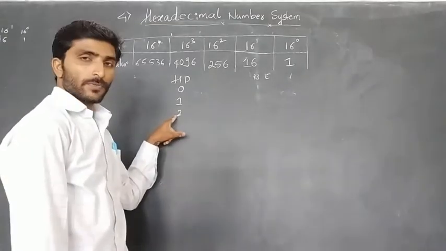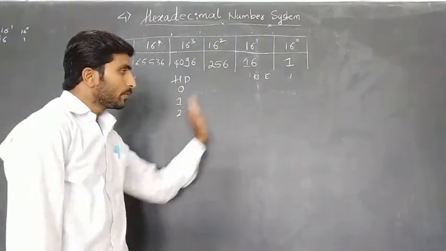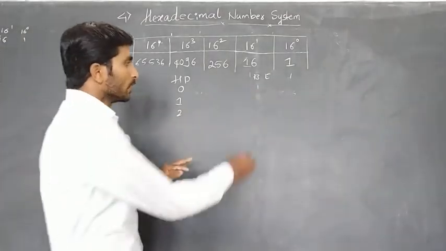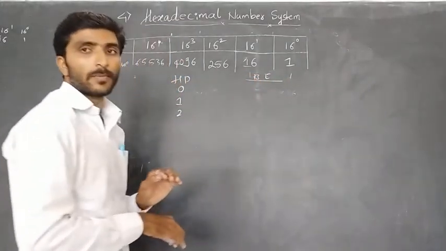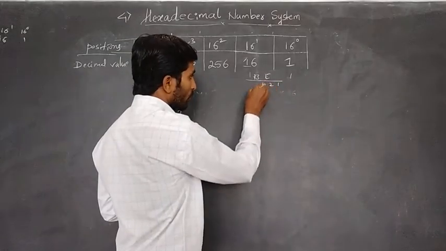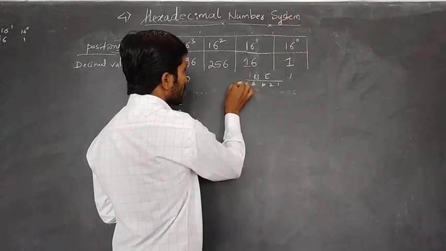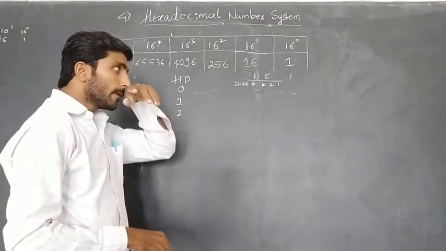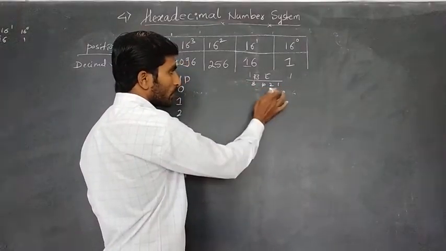Take 2 in hexadecimal: how do we write 2 in binary using 4 bits? Just identify the binary place values, which you already know: 1, 2, 4, 8, 16, 32, like this. Here we have only 4 bits: 1, 2, 3, 4.